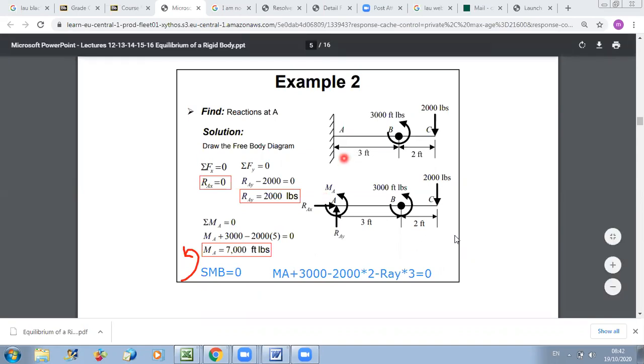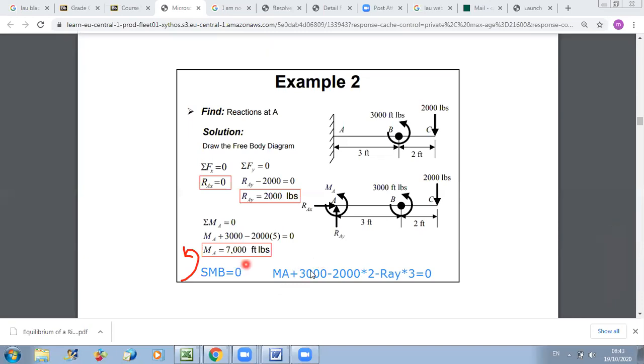At the end, by another method, you can get the value of MA, and of course it will be the same. So always remember that when you do sum of moment, you include all couples and all moments of forces about the point. Any question on this problem?